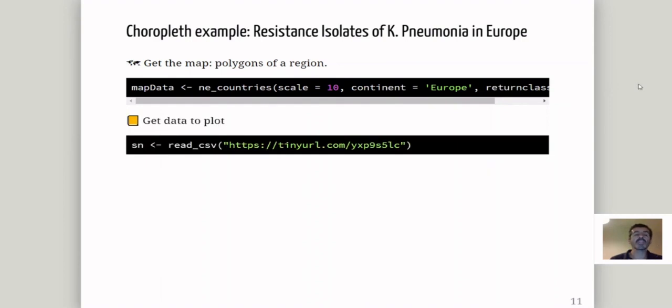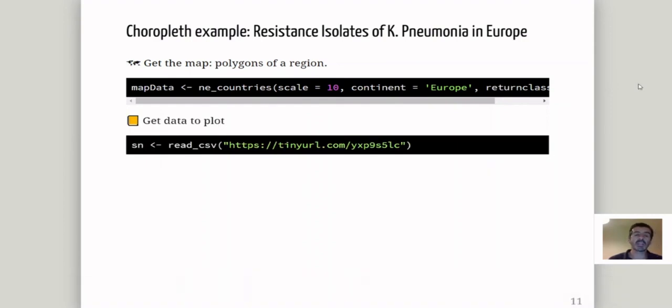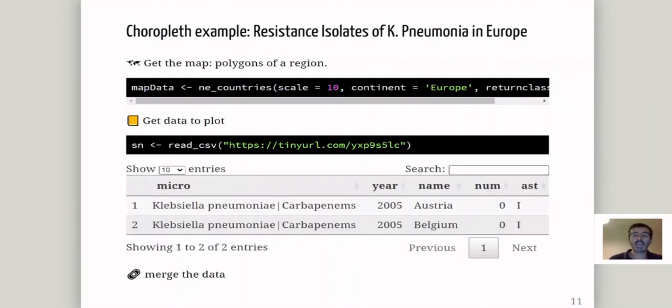And then we need to obtain the data we want to plot. In this case, we are interested in resistant isolates of Klebsiella pneumoniae in Europe. And so we get our information in our computer. We will have the microbe we are interested in, and we also get the year in which this isolate was obtained and in which country. And we obtain how many we got and the antimicrobial susceptibility testing category.